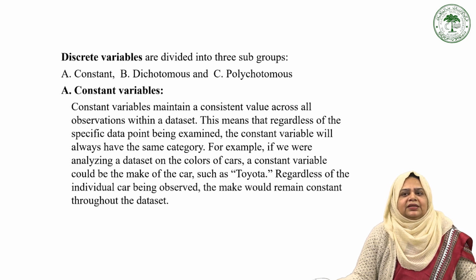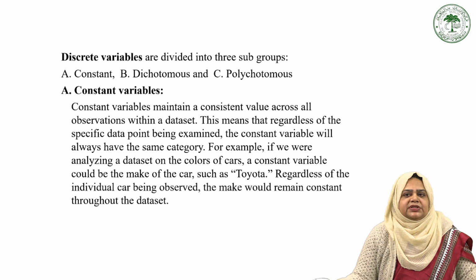On the other hand, dichotomous variables have only two possible outcomes or categories. These variables are often used to represent yes/no or true/false scenarios. Lastly, polychotomous variables have more than two categories, allowing for a wider range of possibilities. Understanding these different types of discrete variables is crucial when analyzing data and drawing meaningful conclusions.